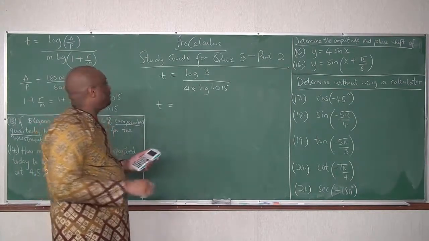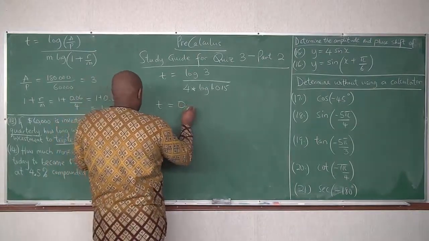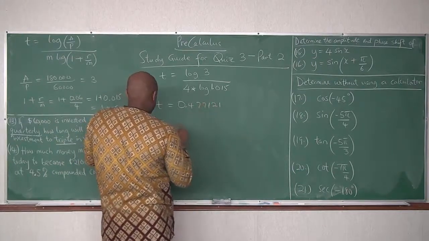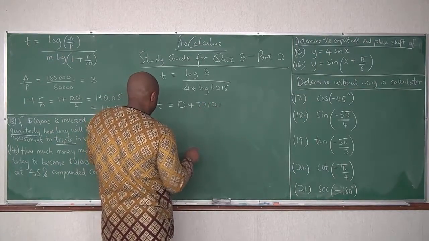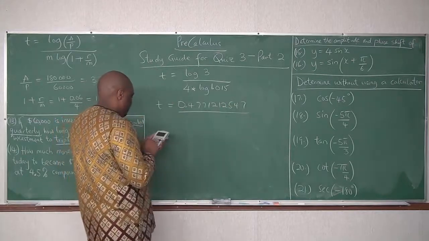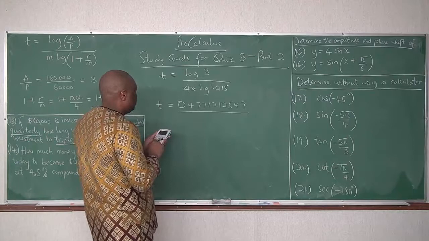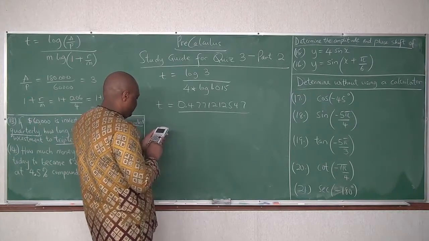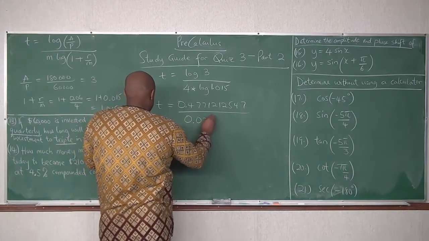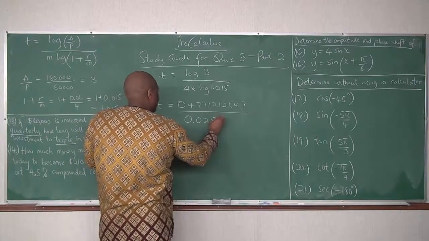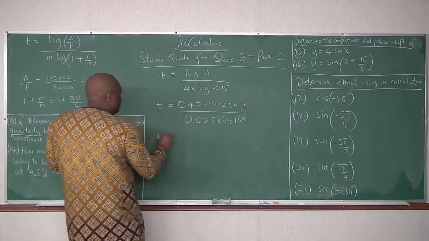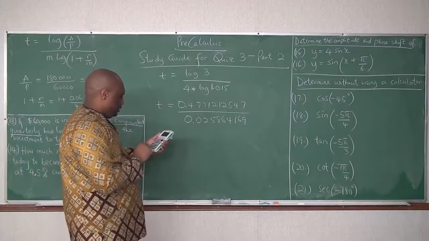Do not round till the final answer. Log 3 is 0.4771212547, over 4 times log 1.015, which is 0.025864169.